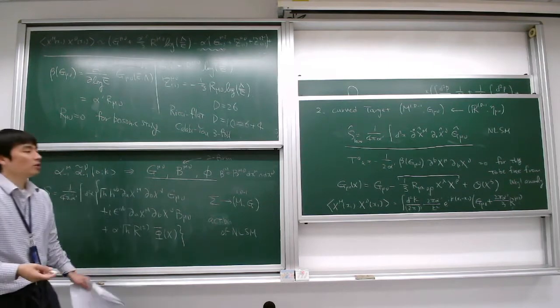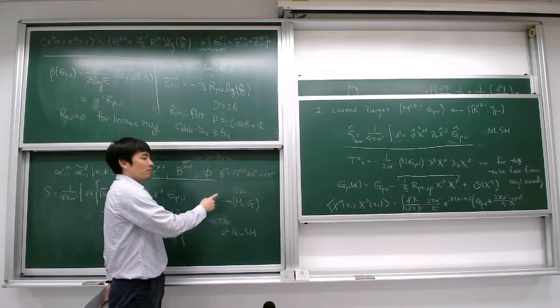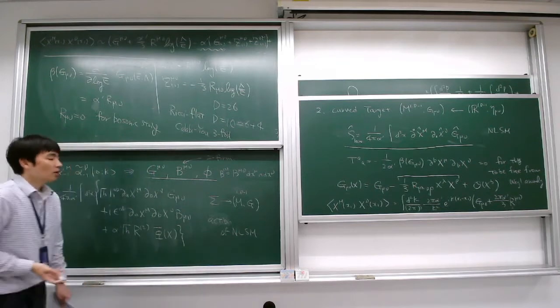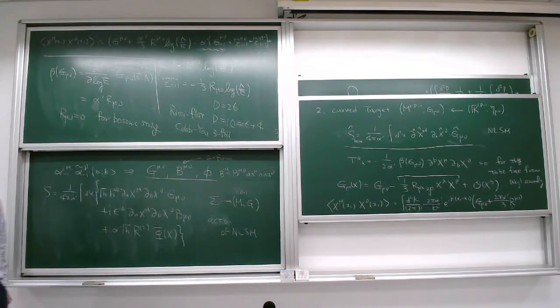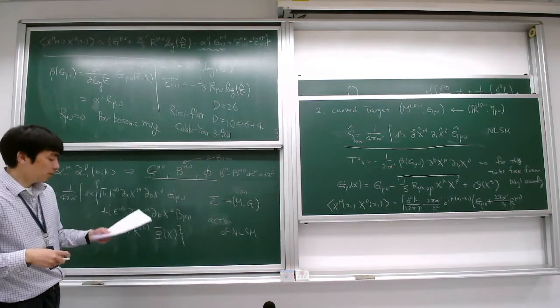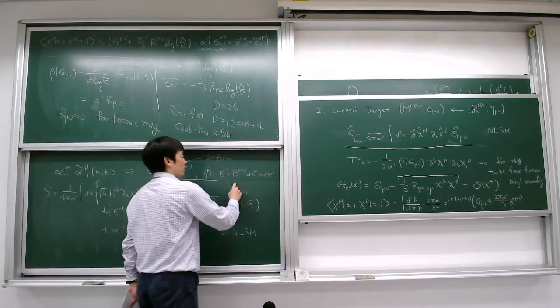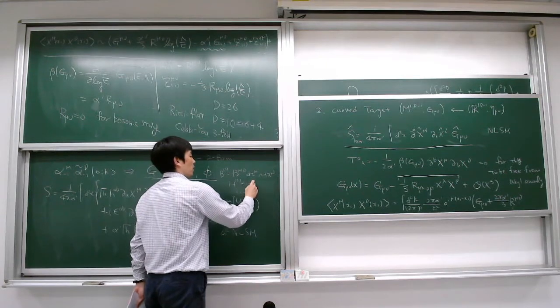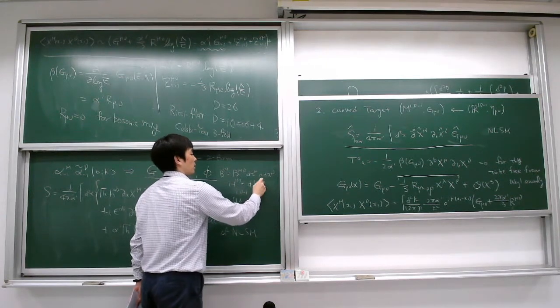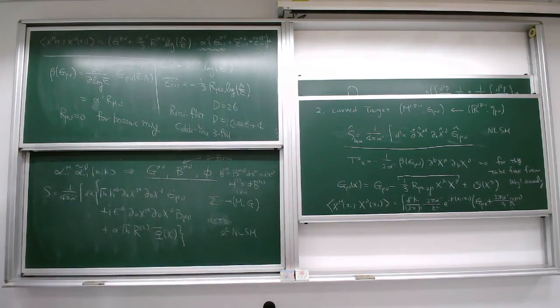It's abelian, so it's a generalization of the connection or gauge potential A mu. Therefore its field strength is just an H3 form, which is defined this way. This is the generalization of F2, the Maxwell field.